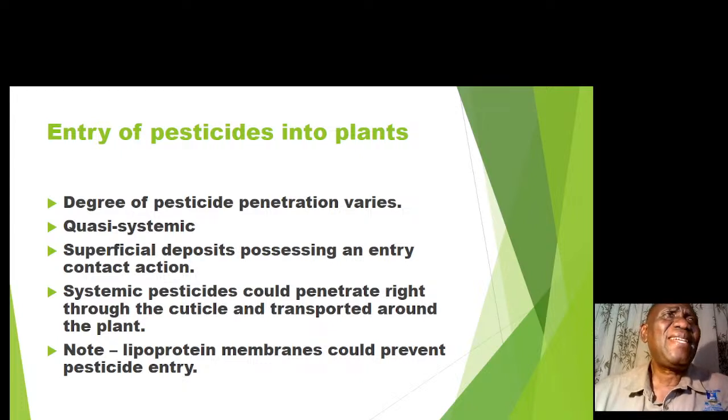So if we look at the entry of pesticides into the plant, the degree of pesticide penetration can vary depending on the plants. Some may not go very far. This could be quasi-systemic. Although they enter the plant, they may not go very far. We may also have superficial deposits possessing an entry contact action, something which remains on the plant surface.